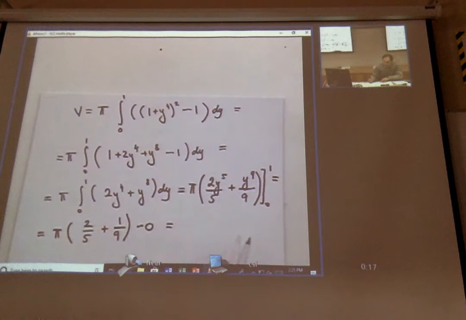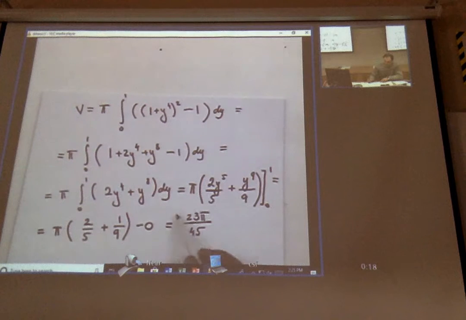So as the result, that would be pi times the common denominator, just one extra step, right? So we get 23 pi over 45. All right. So this is the answer.